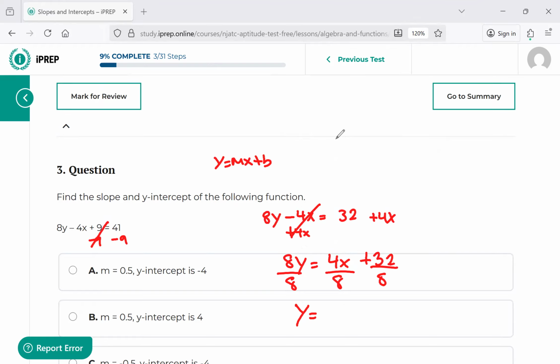You get 4/8, which can be reduced to 1 over 2, and 32 divided by 8 comes out nicely as 4. So my slope is 1/2 or 0.5, and my b is 4. Letter B, right? Slope is 0.5, and the y-intercept is 4.